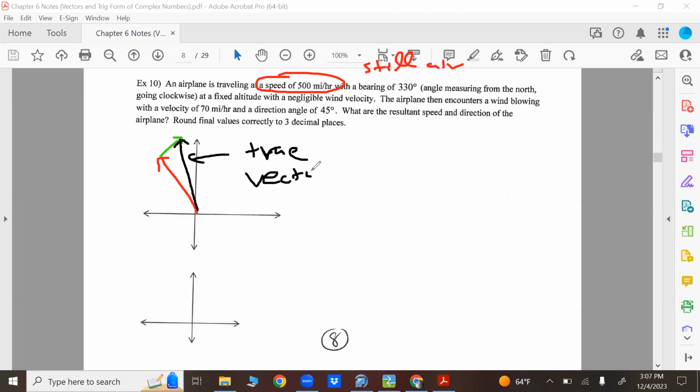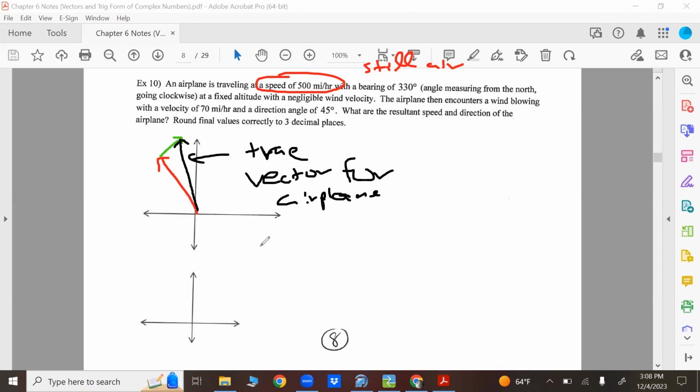So this is truly what the airplane's seeing, right? Because remember, the airplane's going this way somewhere. The wind kind of pushes it a little bit. Of course, airplanes try to make adjustments to get to where they want to, but we won't worry about that. Very, very simple.